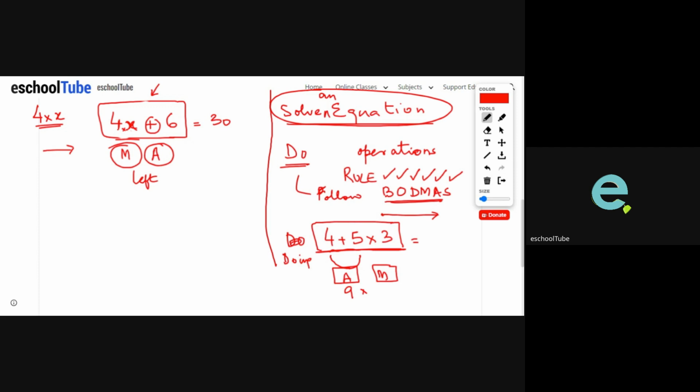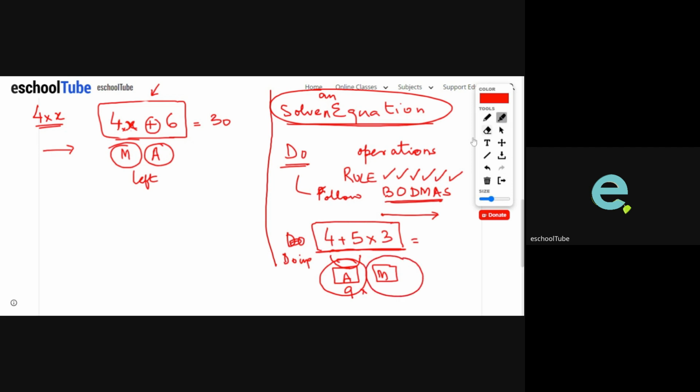How did you get 60? Now, what is the problem here? First you are doing addition, and then you are doing multiplication.